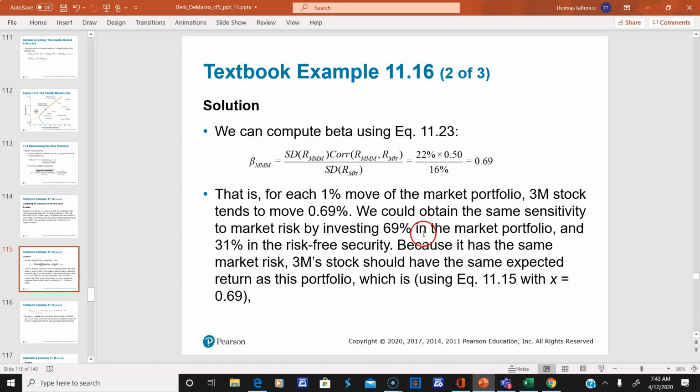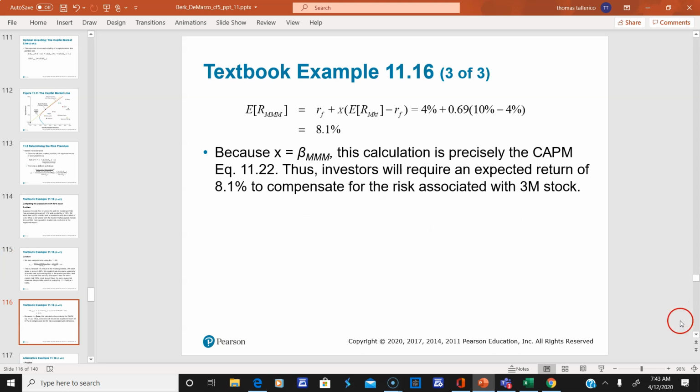You don't have to calculate betas. Betas are always given to you. So here's the expected return based on beta, and in this case the beta happens to be 0.69.